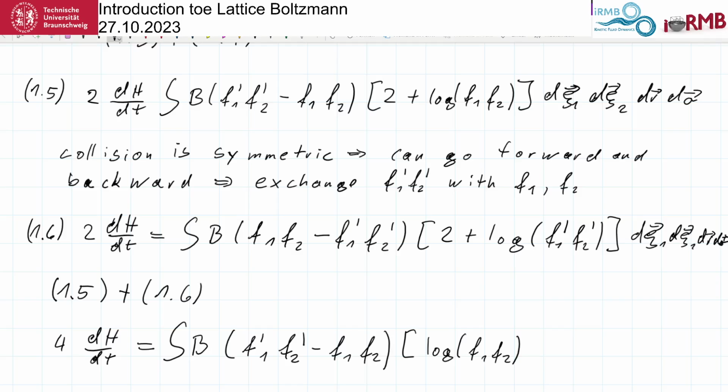You see, because the sign in this part here has changed, the 2 will disappear from both equations, yeah? Because we multiply with the opposite. So we'll now get from equation 1.6 minus the logarithm of f1 f2 dash, and now all of them integrated over everything, the r, the sigma.